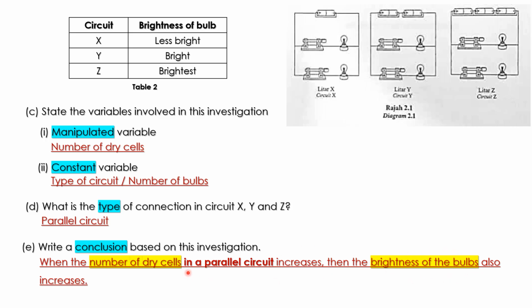And also don't forget, you have to include what type of circuit you are investigating, right? So I hope this clearly explains the answers for all the questions here. These questions are all related to science process skills, finding variables, conclusion, aim, and these are standard questions in primary school, so you have to really know your science process skills and methods of how to answer them.